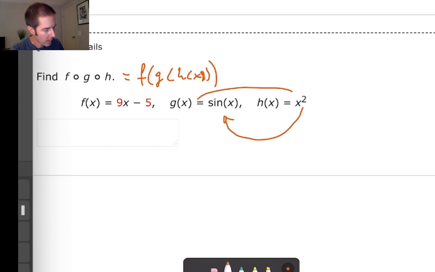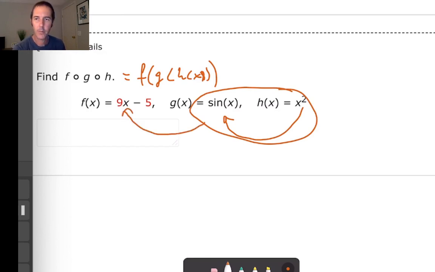And then whatever we get from building that, we'll take it and plug it into this x as an input value in our f function. And if it were appropriate to distribute multiplication by 9, you could do that. If it doesn't look appropriate, if it doesn't look like you're supposed to be able to distribute by 9, don't force it. Don't do it. And then don't forget that minus 5.